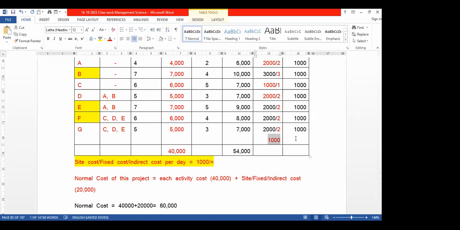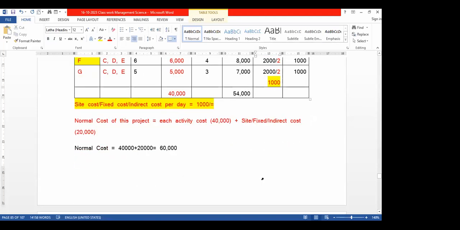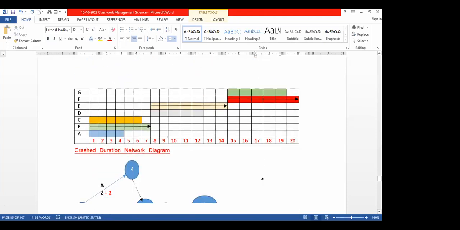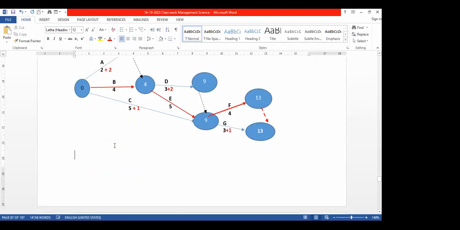This 1000, this 2000, this 1000, this 2000. How much altogether? 2000 plus 2000 plus 1000 plus 1000, 6000. So 67,000 you have found. From that you have to minus 6,000. So 67,000 you have found as the answer for the crash duration cost.